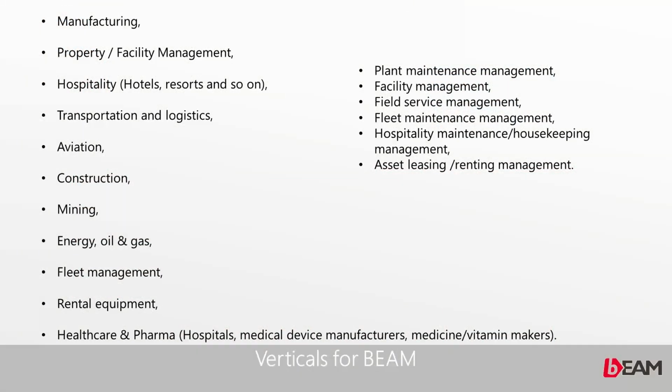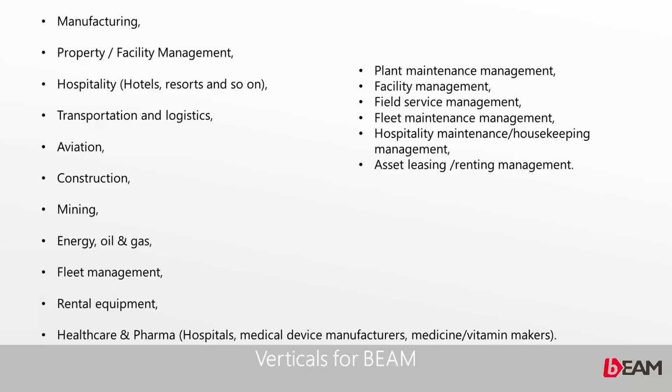Some of the verticals that we offer BIM, for example, manufacturing, facility management, and the hospitality industry, which is very popular for use of BIM. Logistics, aviation, aerospace, construction, oil and gas industry, and fleet management is another heavy equipment industry. If you think about it, when you take care of machinery, especially our fleet of cars and trucks, and if you carry any machinery to support those vehicles, they also need to be taken care of.